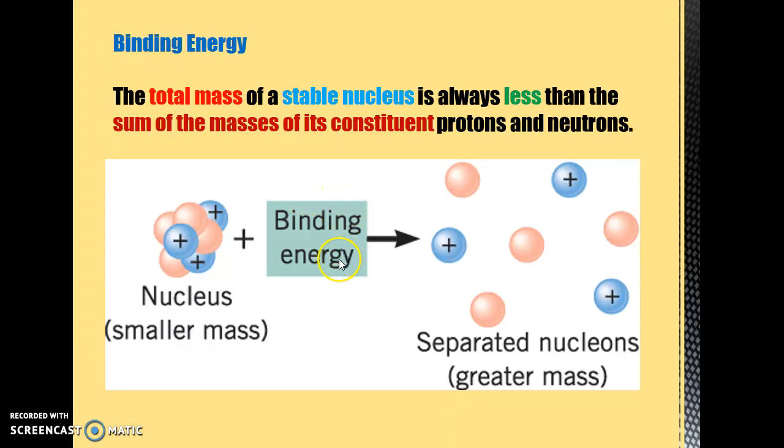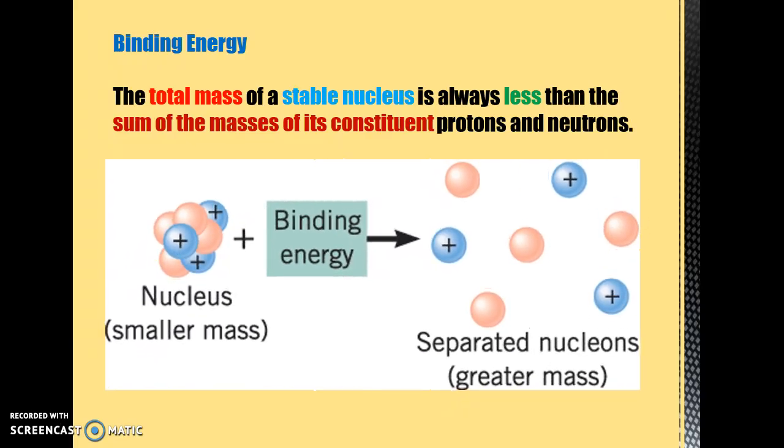If energy is added to this bound nucleus, then the subatomic particles will be freed. If we go the other way, then energy will be released in order to form the nucleus.